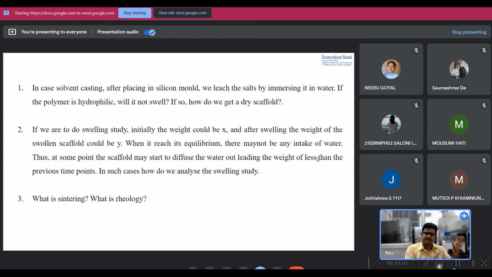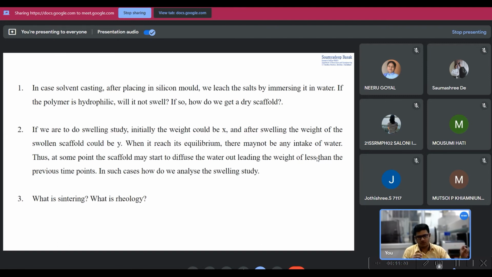We do not let it dry for long. At equilibrium, the water is in the hydrogel matrix and it is stable. It doesn't leach the water out that easily. So we are tap drying it to get rid of the surface water.